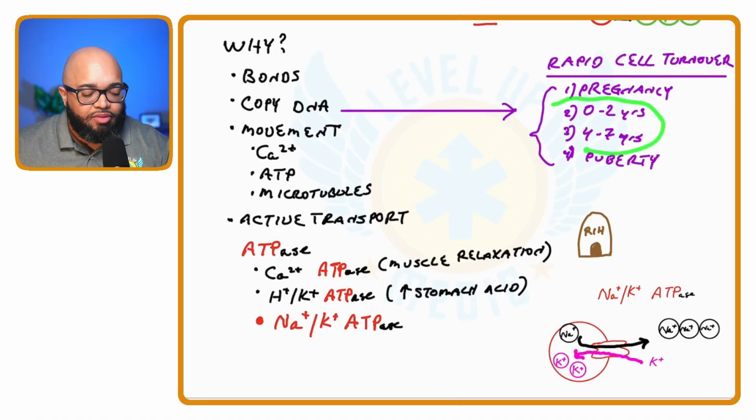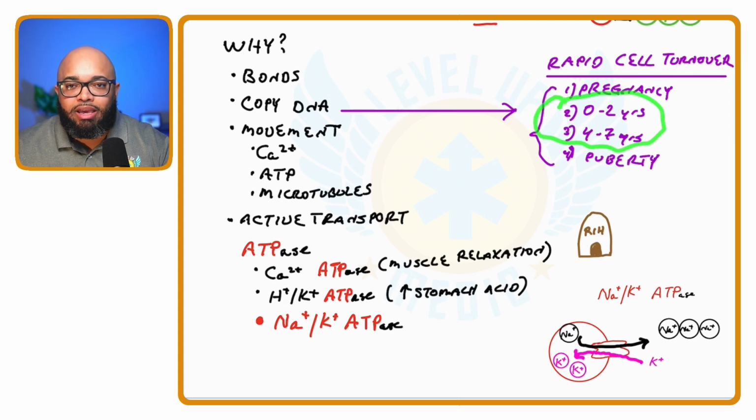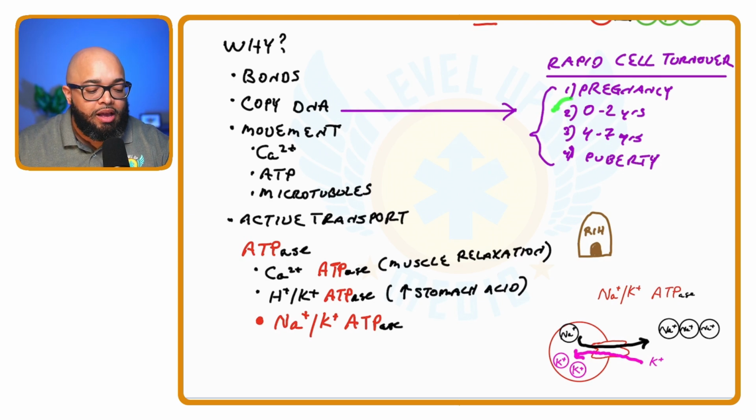So this is why the government in most states now, this is where WIC comes from, the program for women, infants, and children that allows the mom, for instance, to get a certain amount of groceries, let's say if they're low income or even perhaps if not, but especially while the kid is growing, the government has decided that it's really important for this kid to have proper nutrition, especially during that time period. But this is where it comes from. The data just comes from the physiology of the cell. Okay?